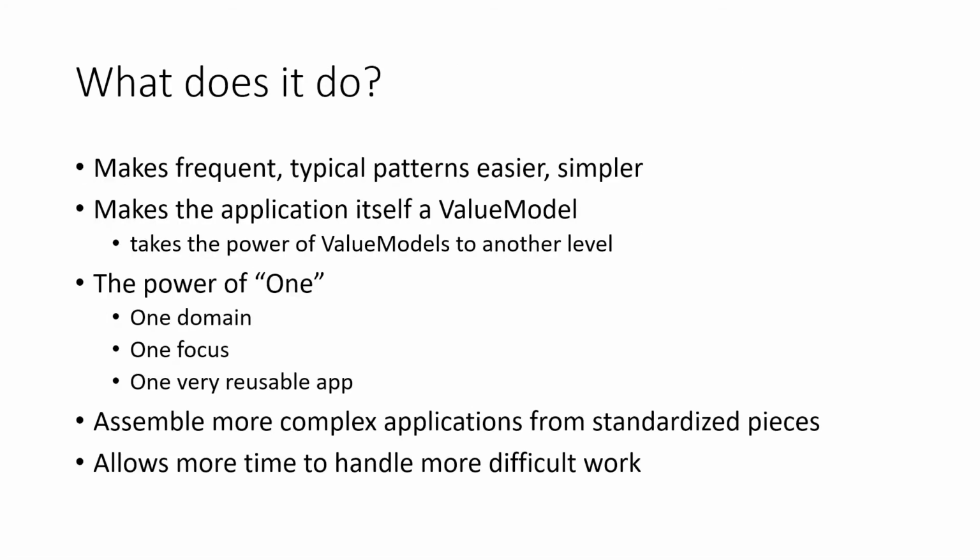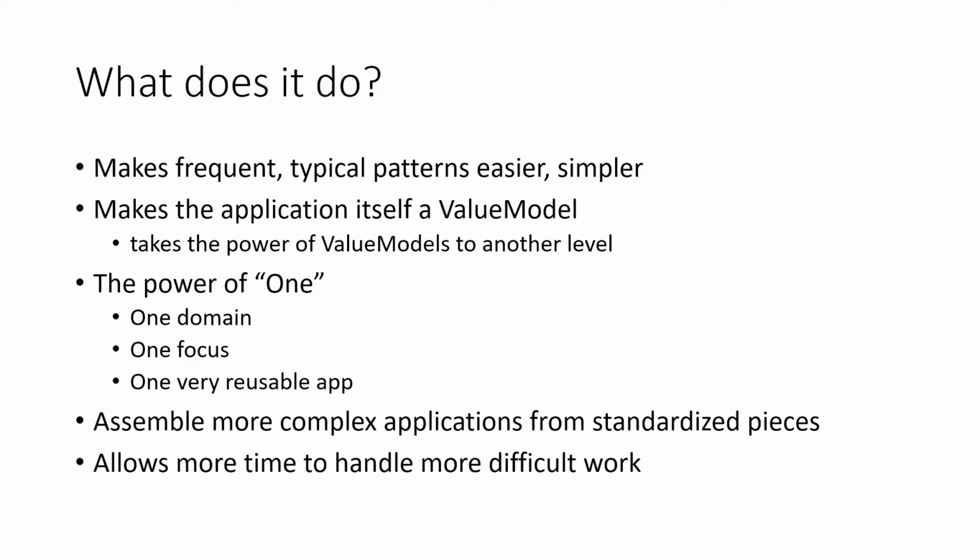So what does it do? Well, we're going to make frequent typical patterns easier and simpler. It makes the application itself a value model, and I hope you've seen in the prior screencast, the value models are really useful and very flexible, and you can use them in a lot of neat and creative ways. It also leverages the power of one.